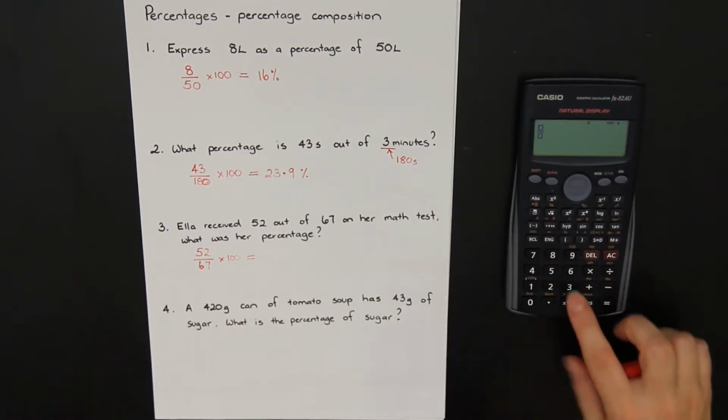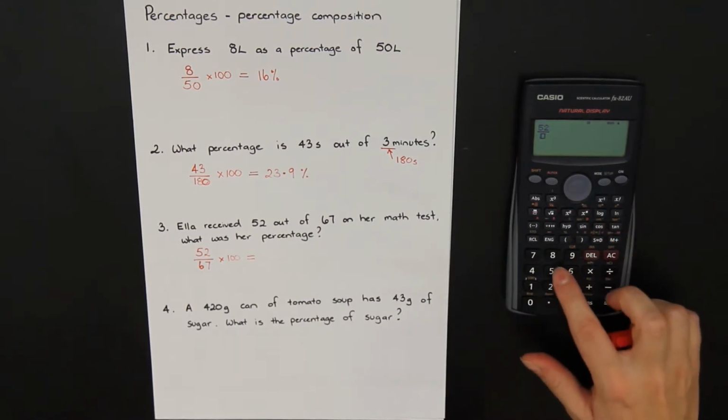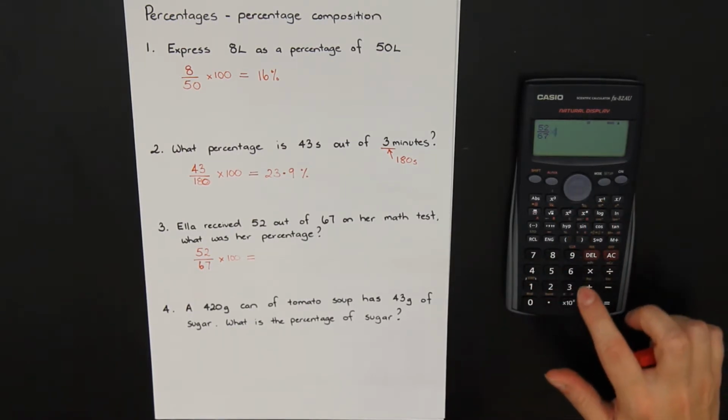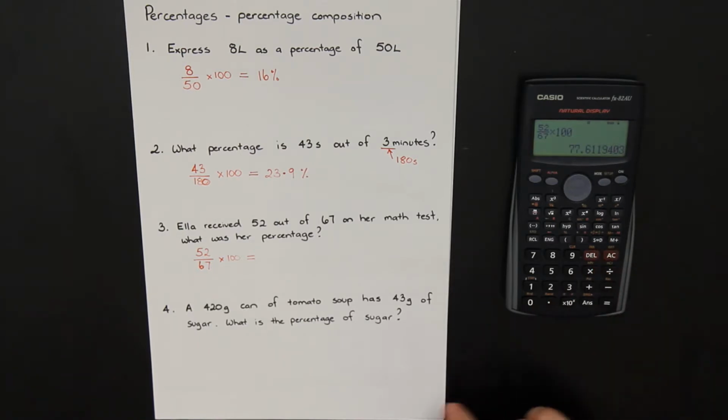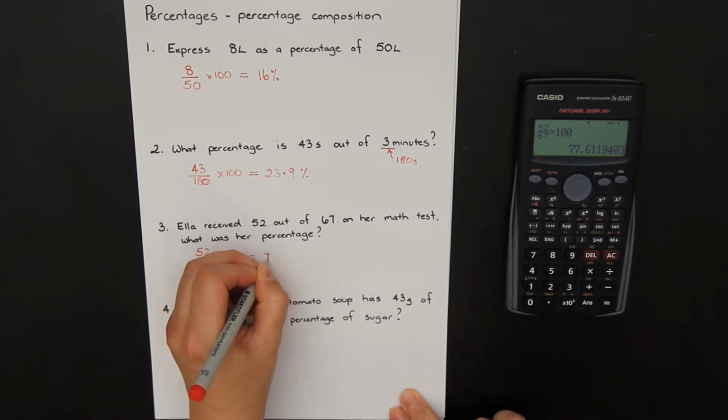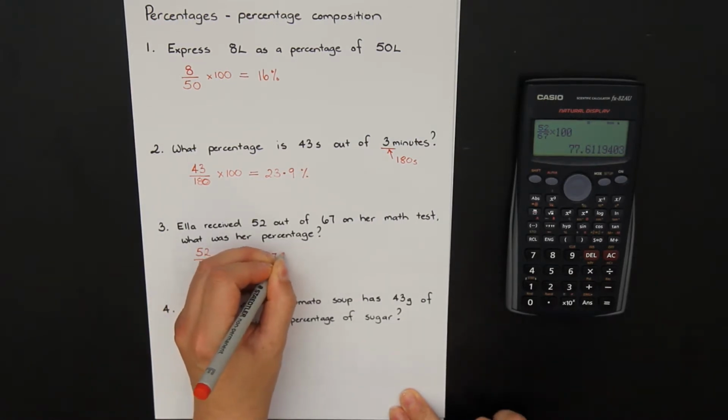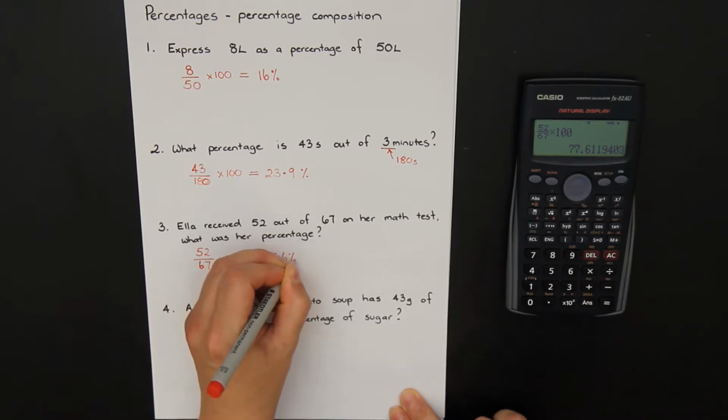Fraction on the calculator, 52 over 67 times by 100 equals. Alright, we have another decimal. Let's keep with our one decimal place. So that is 77.6%.